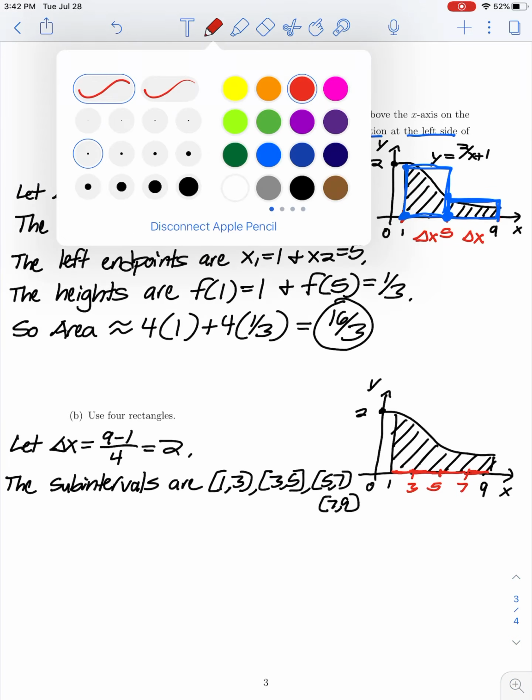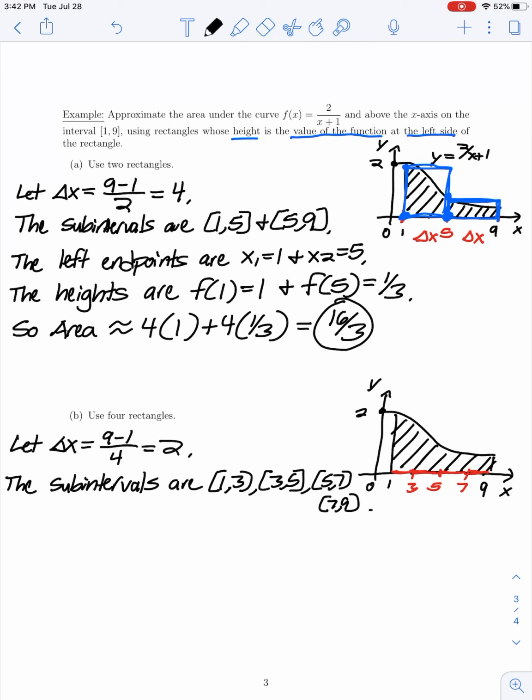Now, to determine the height for each of our approximating rectangles, we're choosing the left endpoints of each of these subintervals. So those would be x1 equals 1, x2 equals 3, x3 equals 5, and x4 equals 7.